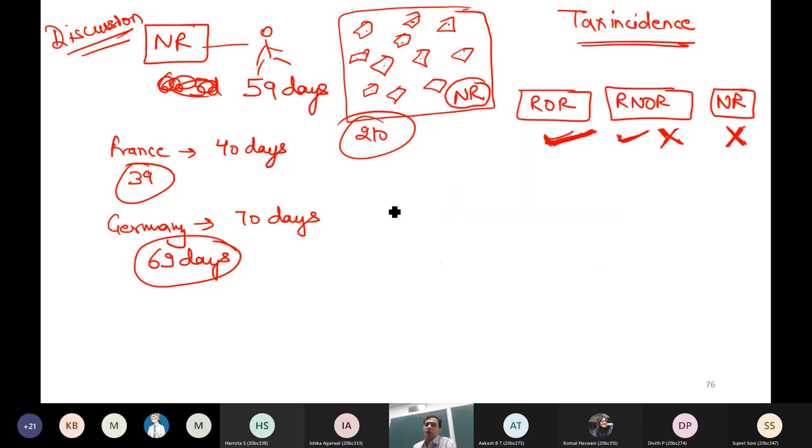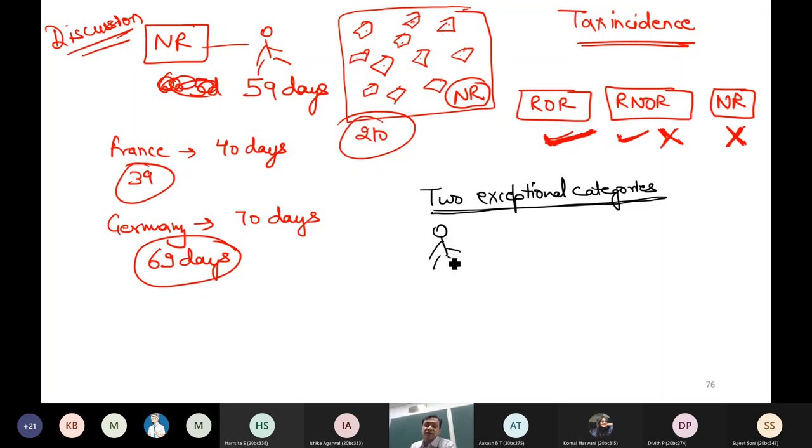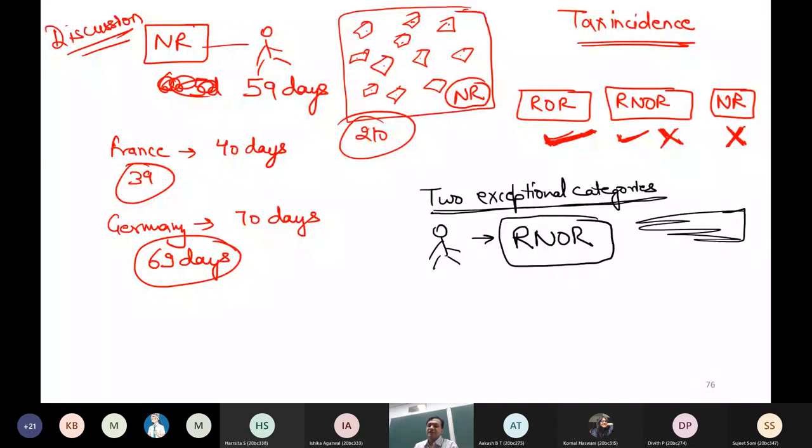And because of this, now the government says that in these two exceptional categories of individuals, an individual will always be treated as resident and not ordinarily resident.